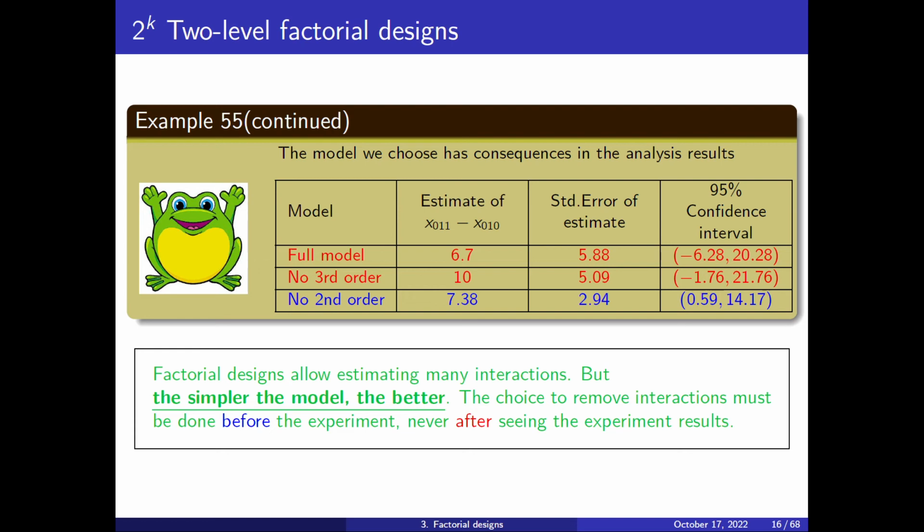So in general, the simpler the model, the better. And the choice to remove these interactions must be done before doing the experiment, never after seeing the experiment results, because otherwise you are data snooping, and then you are taking decisions after seeing the data, which is not good.